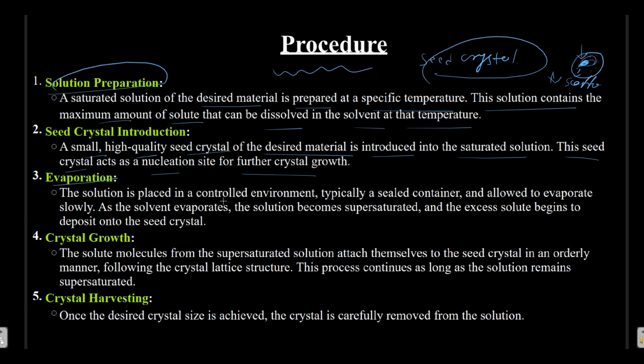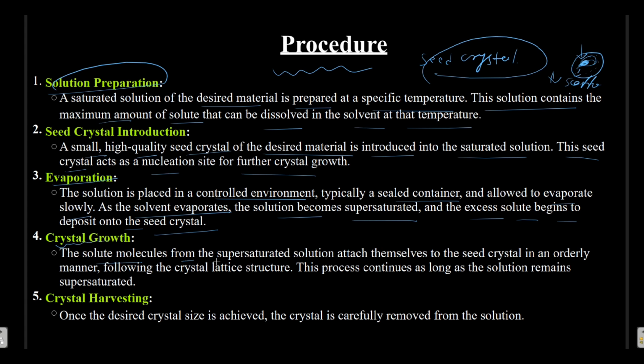Now the third step is evaporation. The solution is placed in a controlled environment, typically a sealed container, and allowed to evaporate slowly. As the solvent evaporates, the solution becomes supersaturated, and the excess solute begins to deposit onto the seed crystal. I've already explained it, right? Now, the fourth step is crystal growth.